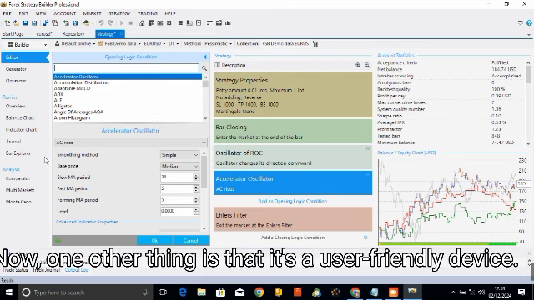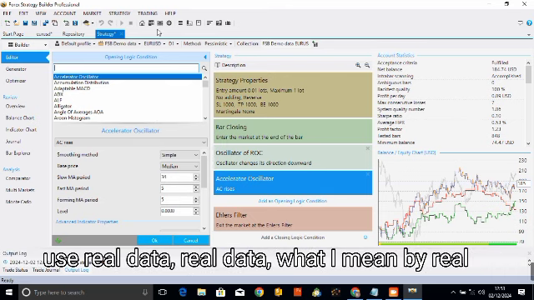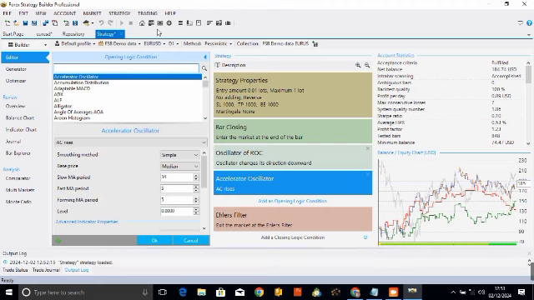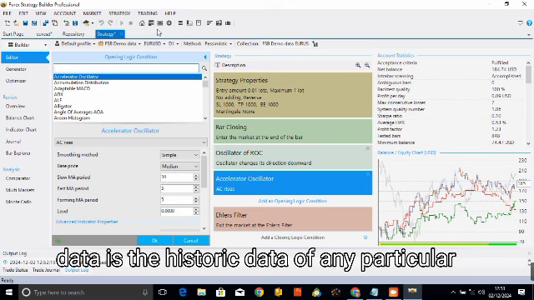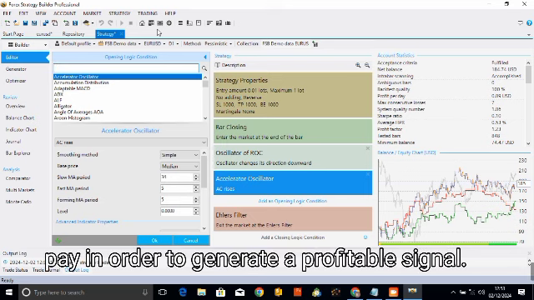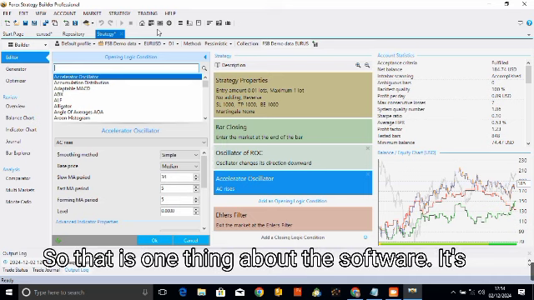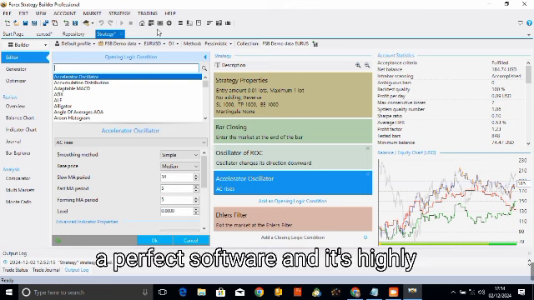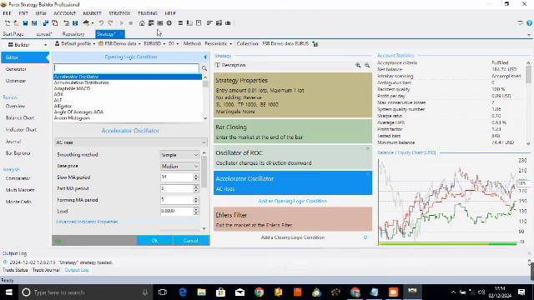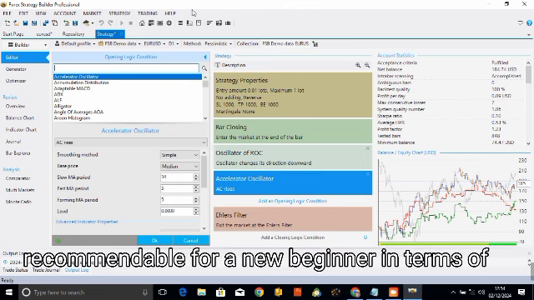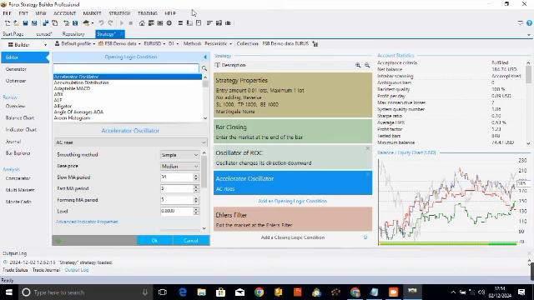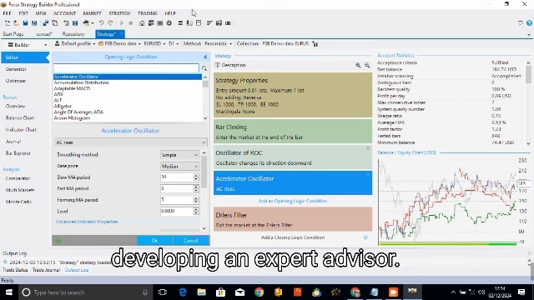Now, one other thing is that it uses real data. What I mean by real data is the historic data of any particular pair in order to generate a profitable signal. It's a perfect software and is highly recommendable for beginners in terms of developing an expert advisor.